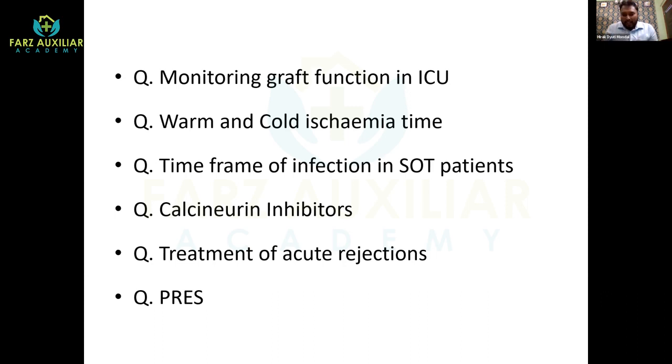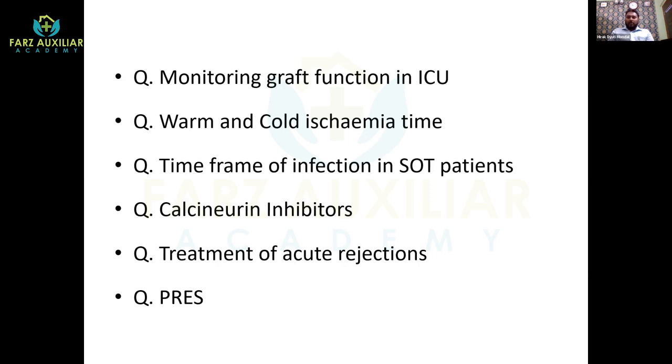And PRES is another important entity in transplant patients. It usually happens with uncontrolled hypertension, and it's a mimicker of stroke. Sometimes the patient presents with blindness or visual difficulty with headache.